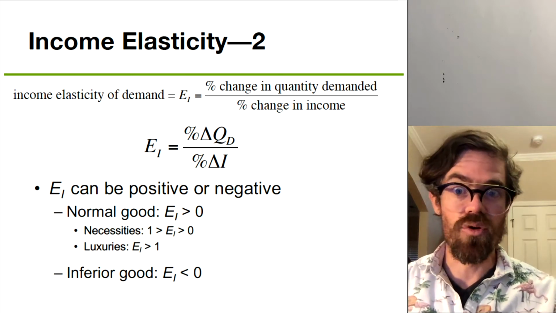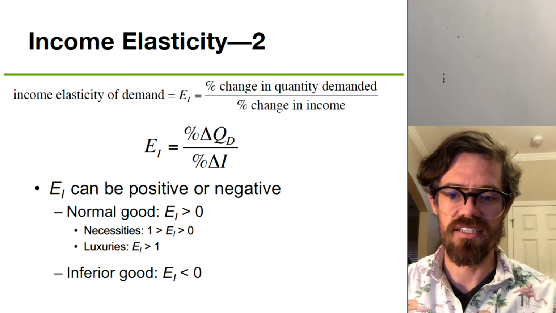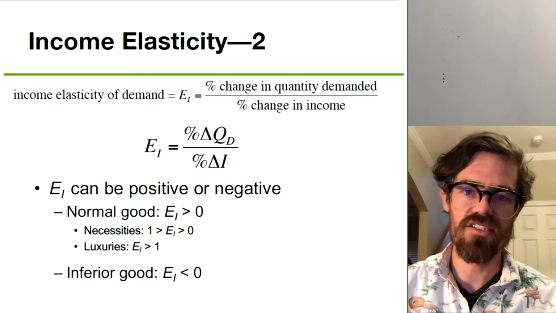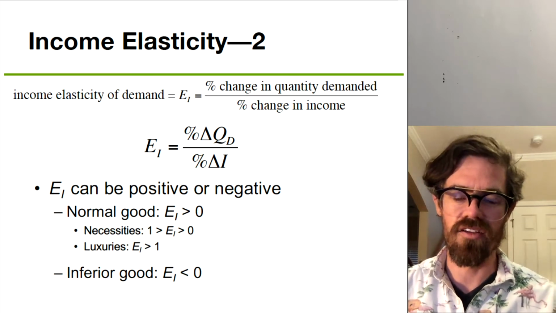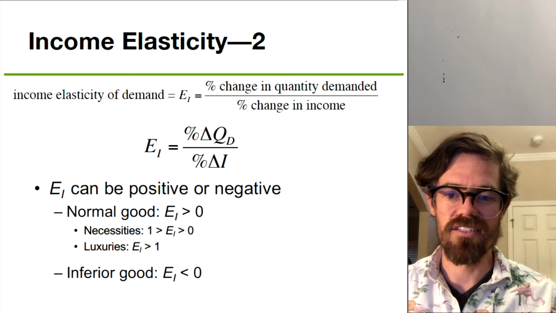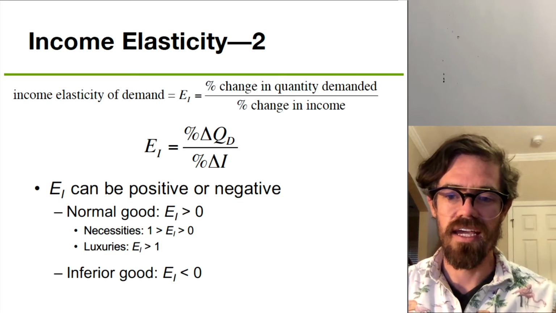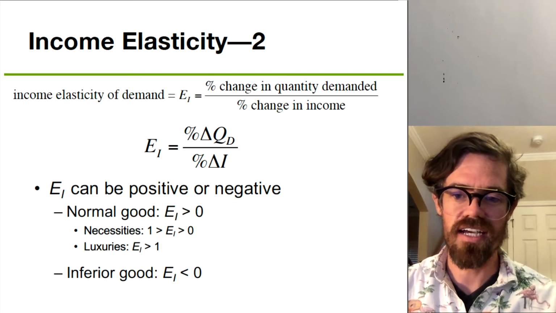Now, there is one important difference between income elasticity and price elasticity of demand. We learned that the price elasticity of demand is always negative because of the law of demand. Income elasticity, on the other hand, can be either positive or negative. And the sign is going to tell us something more about what type of good it is.